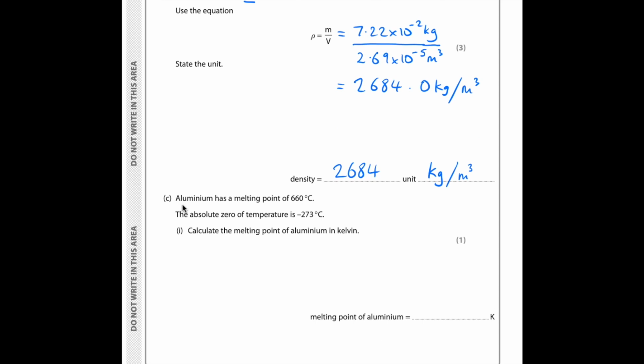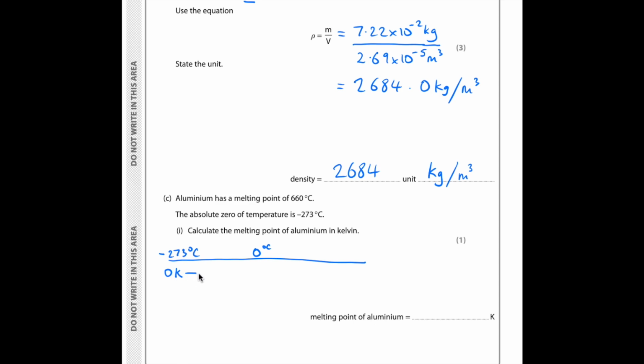Question C. Aluminium has a melting point of 660 degrees C. The absolute zero of temperature is minus 273 degrees C. Calculate the melting point of aluminium in Kelvin. Right. Well, hopefully your teachers told you, minus 273 degrees C is equal to 0 Kelvin.